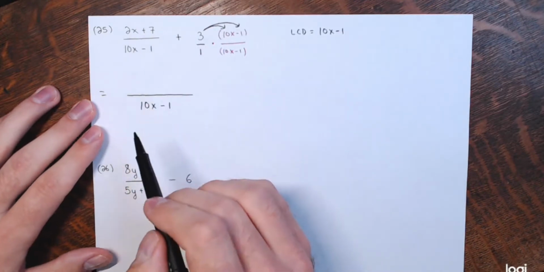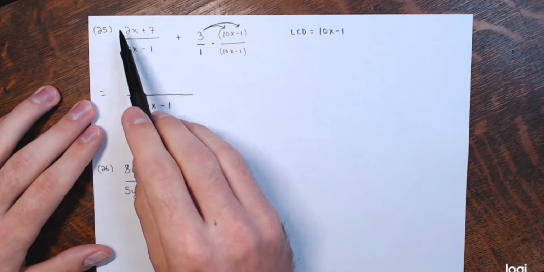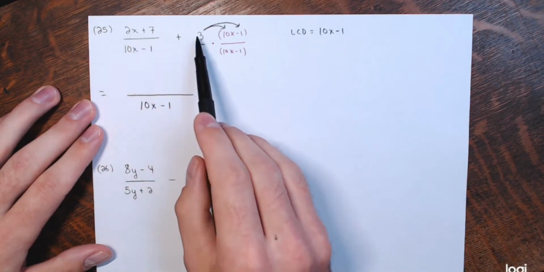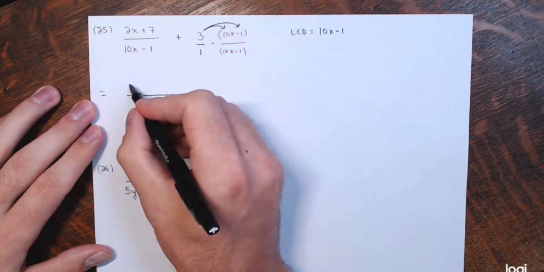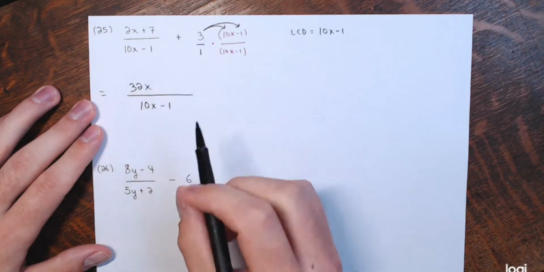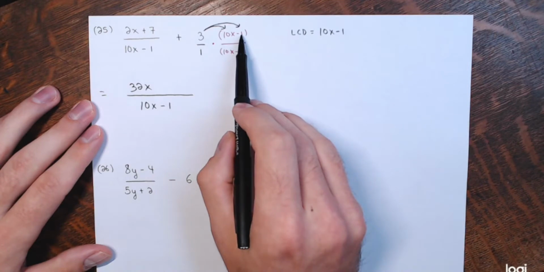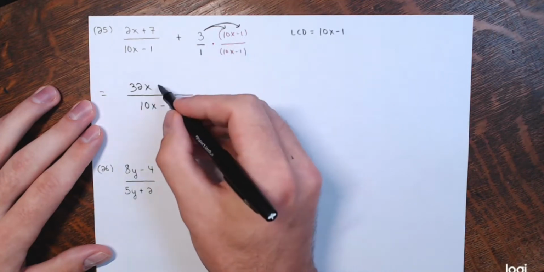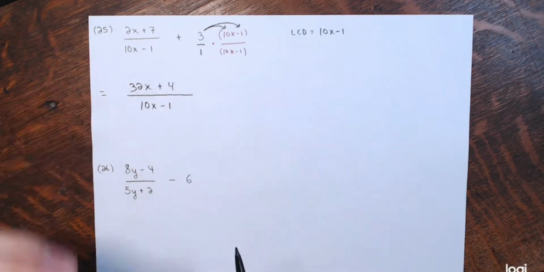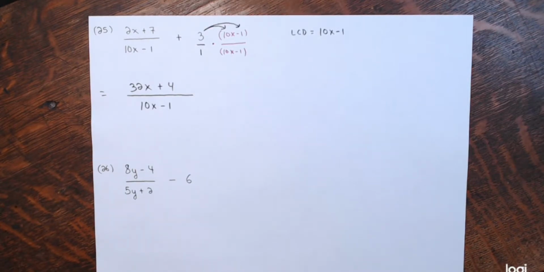We're going to combine the numerators like terms. So I'll have 2x plus 30x, that'd be 32x, then 7 plus negative 3 would be positive 4. Okay, so I'm left with 32x plus 4 in the numerator.